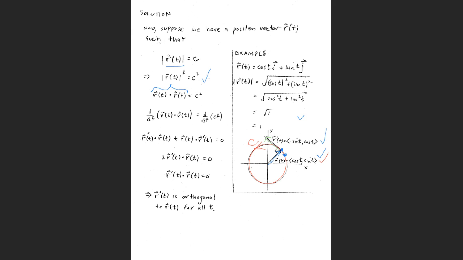Let's take an analogy, an example: say you have the vector 1, 2. The magnitude of that vector is the square root of 5.